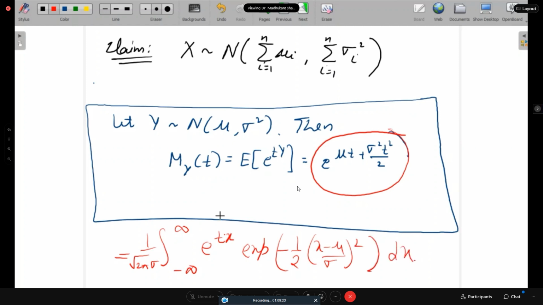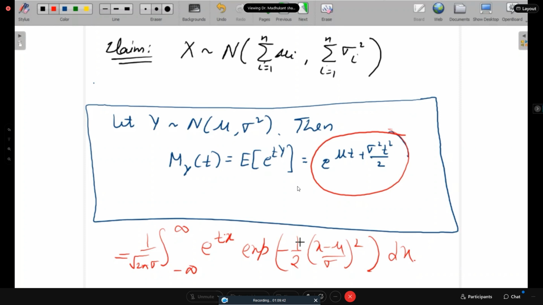Again, you have to carefully use substitution here. You have to bring tx inside and carefully substitute everything. If you Google it, the proof is also available online.